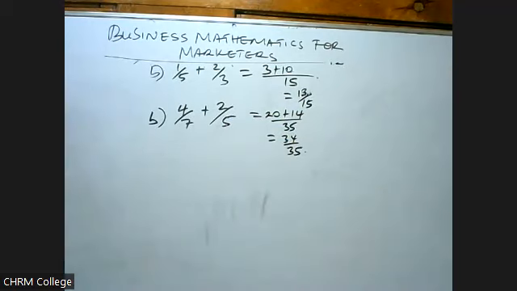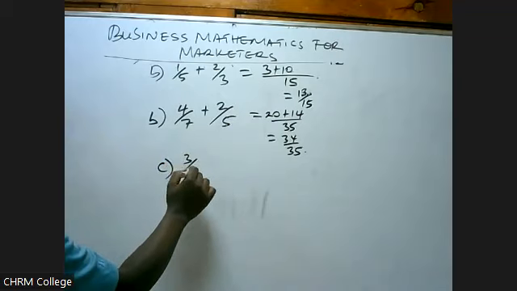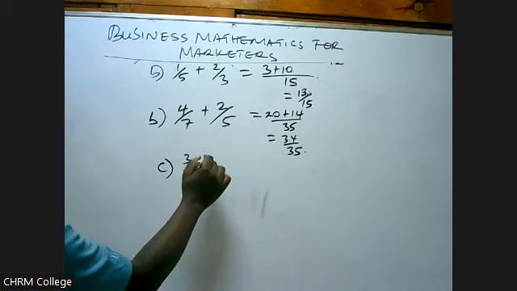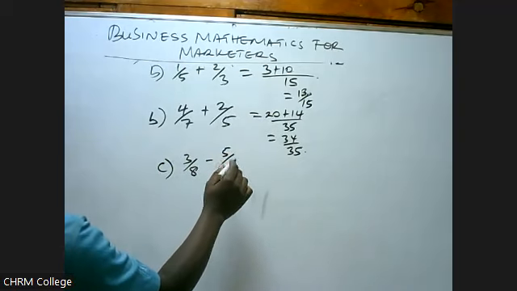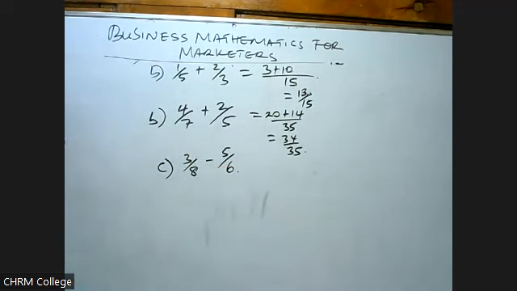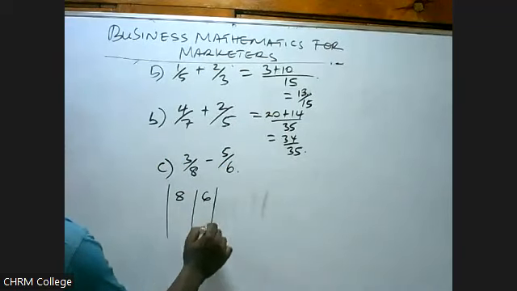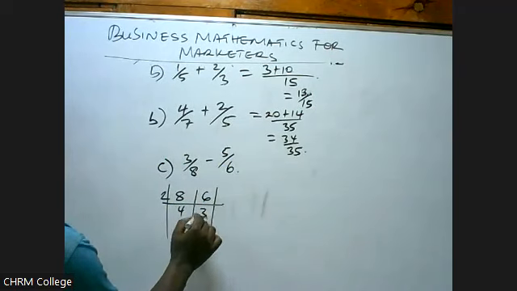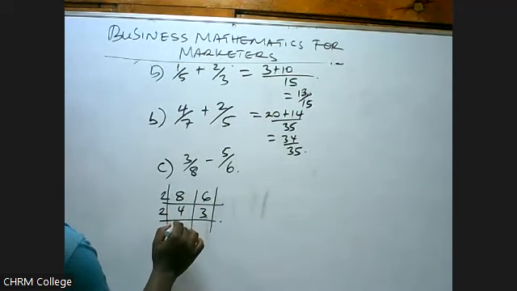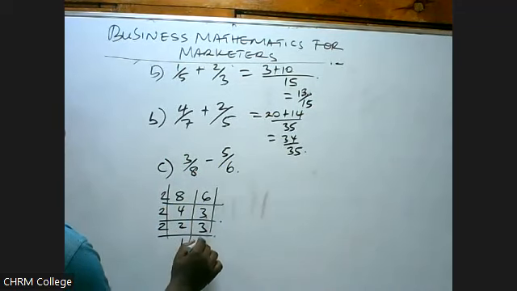The same case applies when it is a minus. See, you have 3 over 8 minus, for example, 5 over 6. You get the LCM of 8 and 6. 2 can divide both of them to get 4 and 3. 2 can divide 4 to get 2 and 3. 2 can divide these 2 to get 1 and 3.